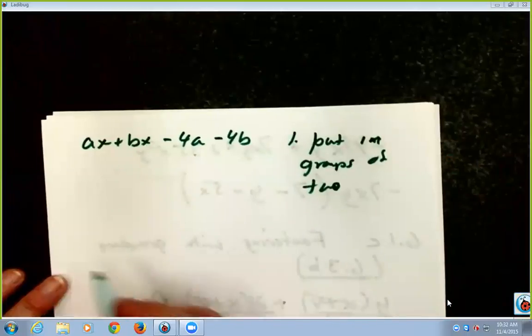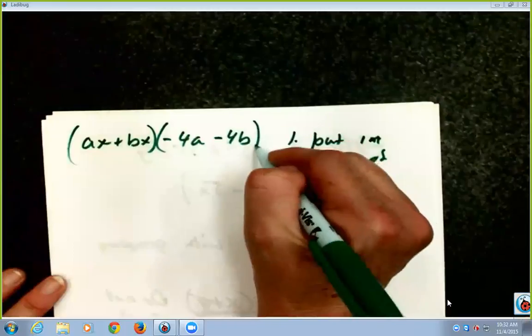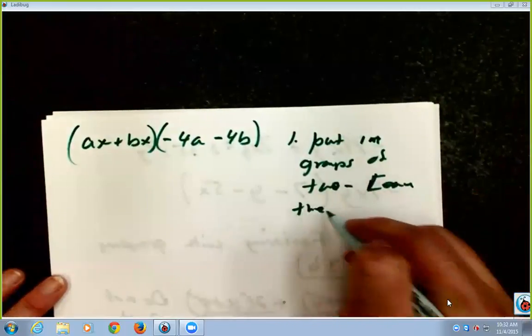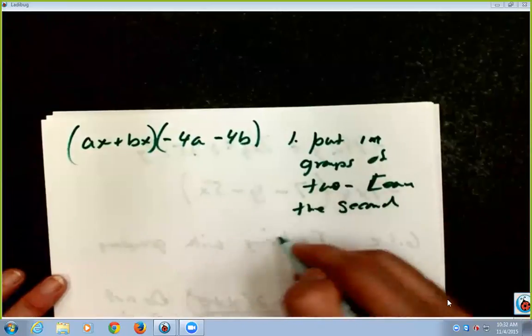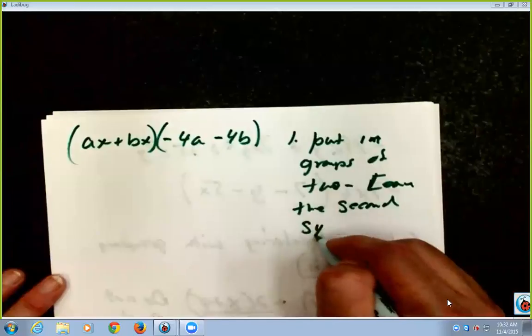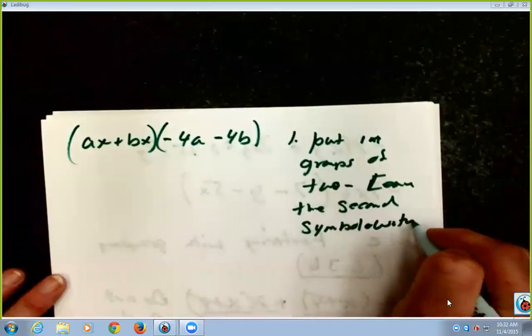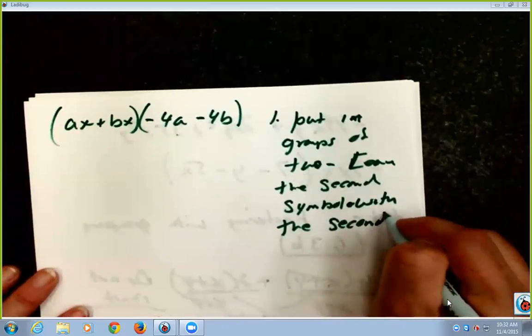So I'm going to put those first 2 together and I'm going to put the last 2 together. Leave the second symbol with the second binomial.